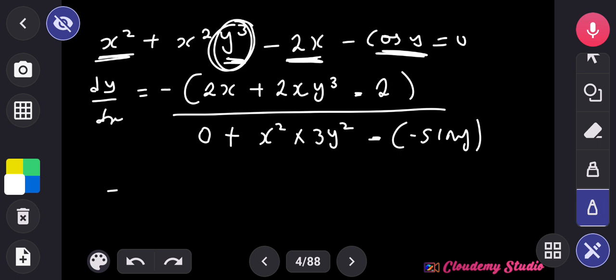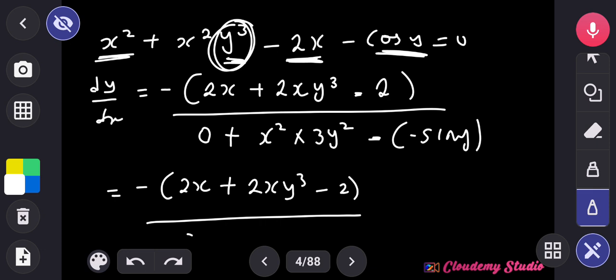So that's equals to minus into brackets 2x plus 2xy cubed minus 2, everything divided by 3 multiplied by x squared, which gives us 3x squared y squared plus sine y.